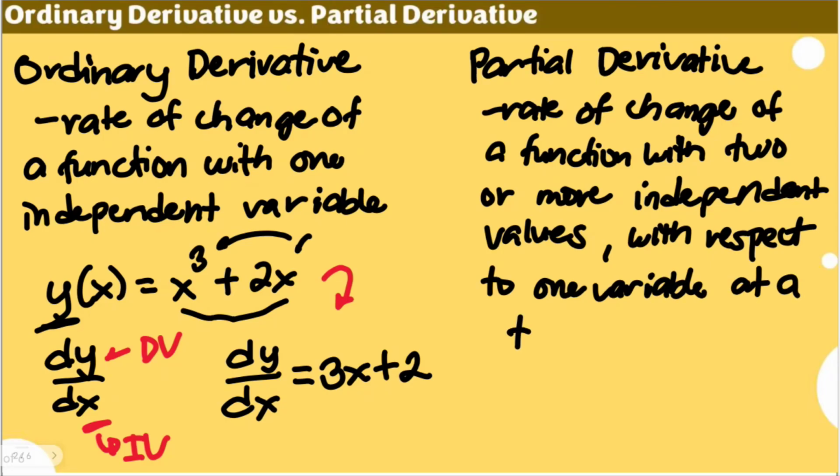That's why it's called a partial derivative, because you have two or more independent variables, but you are just going to take the derivative of the function with respect to one independent variable at a time.